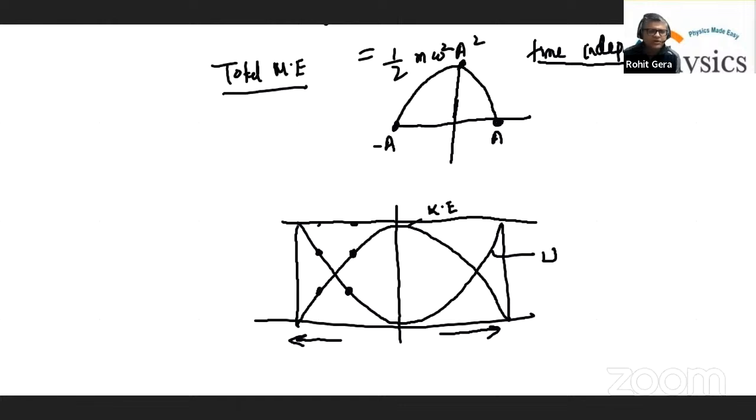So this is your total mechanical energy, a straight line, which does not change with position or time. So this is your x, right? And this is your graph of K, U, or E. E means total energy, total mechanical energy, fixed; kinetic energy, inverted parabola; potential energy, normal parabola, looking upwards.